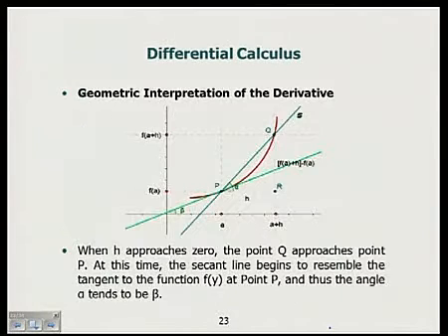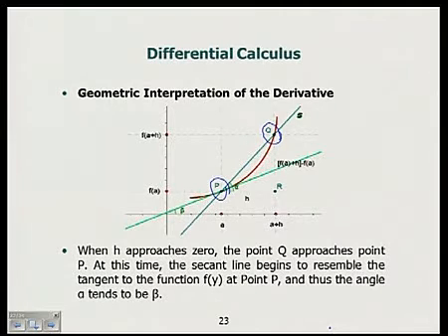Okay. Then we can interpret the derivative of a function, and we have to do the following. When h approaches 0, the point q approaches point p, here.